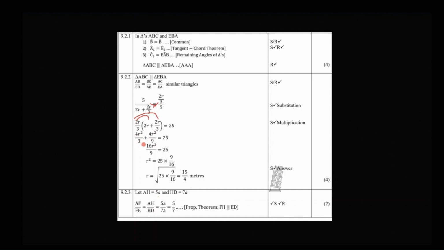This is just basic fractions, okay? 2R multiplied by 2R is 4R squared. If you're multiplying a fraction with another variable, nothing really happens to the denominator, because the denominator of 2R is 1. So 3 multiplied by 1 is 3. And 2R over 3 multiplied by 2R over 3 gives 4R squared over 9, since 3 multiplied by 3 is 9.